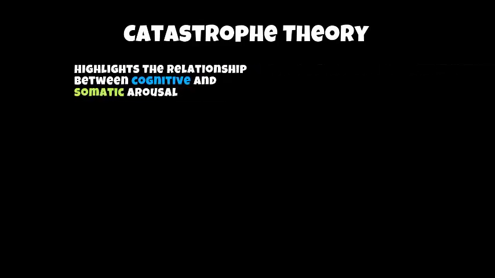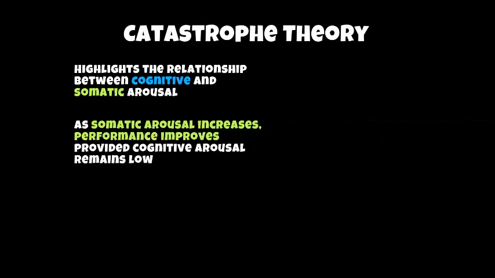The last theory is a little bit tricky, so you might need to go over this a few times, is catastrophe theory. This one suggests there is a relationship between what we call cognitive arousal, which is generally mental or psychological arousal, and somatic arousal, which is physical components of arousal like sweating, nervousness, etc. What this theory suggests is, like drive theory, if somatic arousal, so physical arousal, increases, performance will improve, only if cognitive arousal, so what you're thinking, remains low.